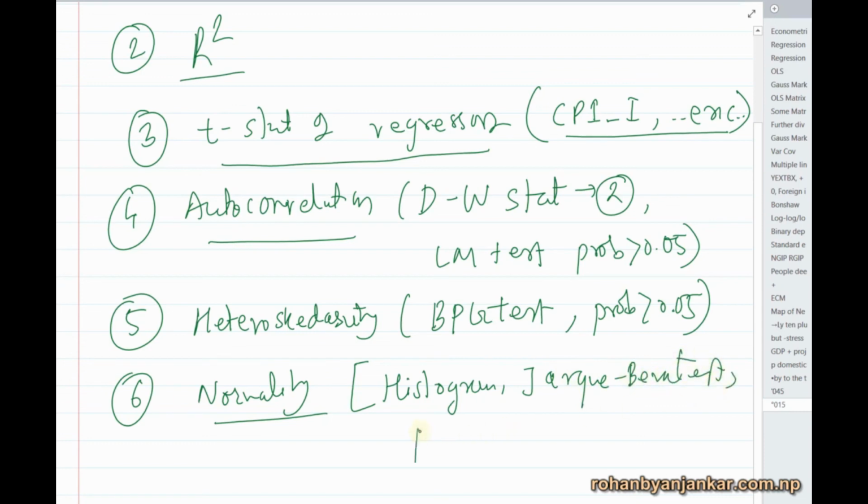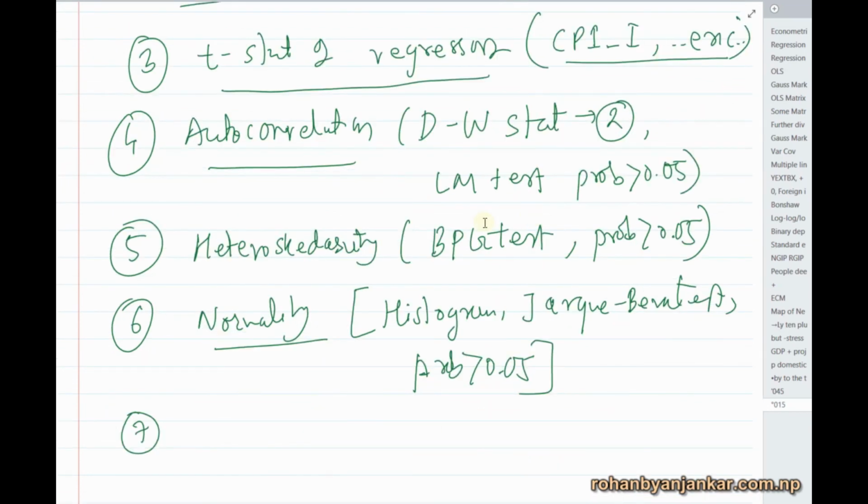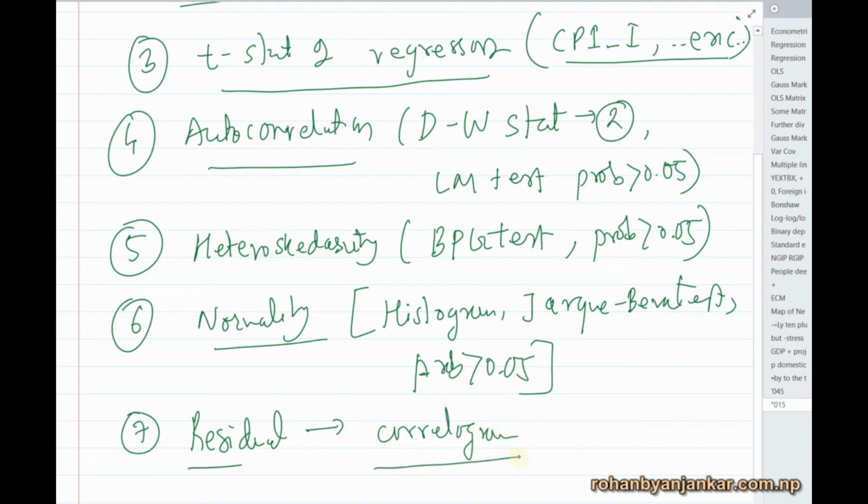The test result is probability greater than 0.05 or 5%. This is the test result of Jarque-Bera test. The seventh is residuals. We checked the correlogram, and we confirm the white noise process.